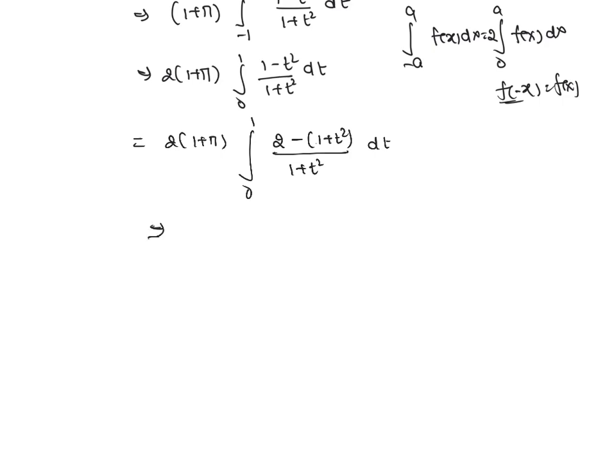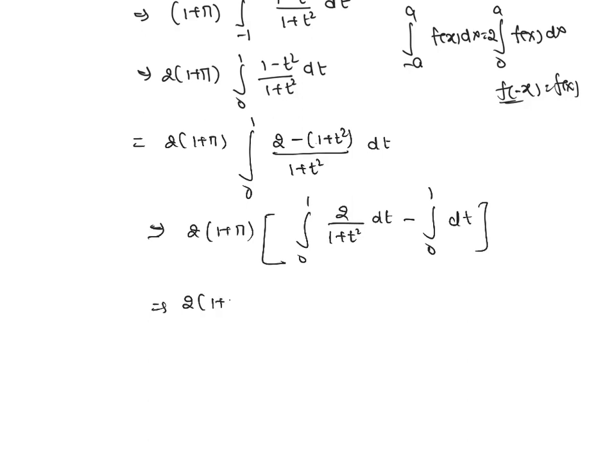Now we can separate this one: 2 times of 1 plus pi, in bracket 0 to 1, 2 upon 1 plus t square dt minus 0 to 1 dt. Correct? So this is 2 into 1 plus pi, and 2 is outside, 1 upon tan inverse t 0 to 1 minus t 0 to 1.